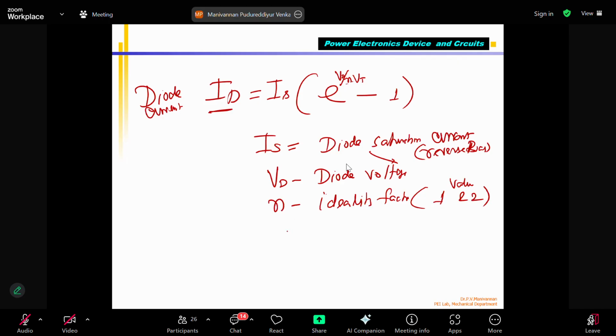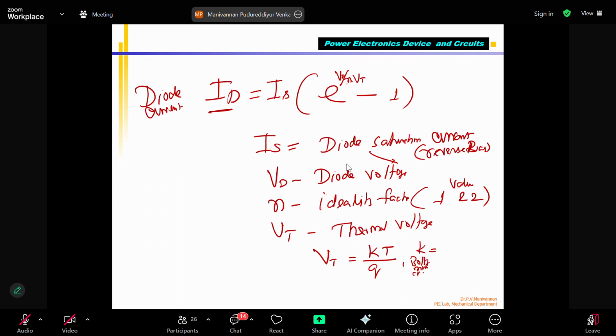Once you know that, VT is called the thermal voltage. VT can be computed using this formula: KT divided by Q. Where K is called the Boltzmann constant. You would have seen the Boltzmann constant in physics books.